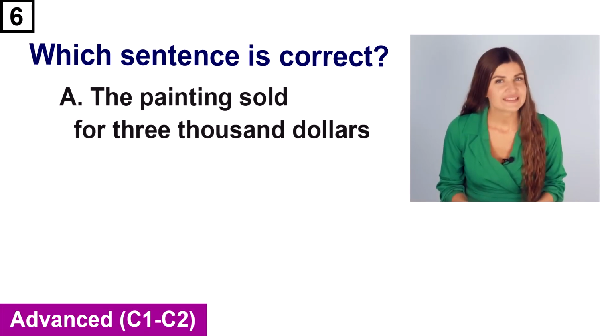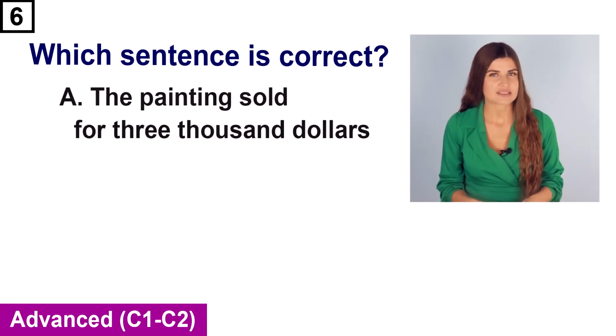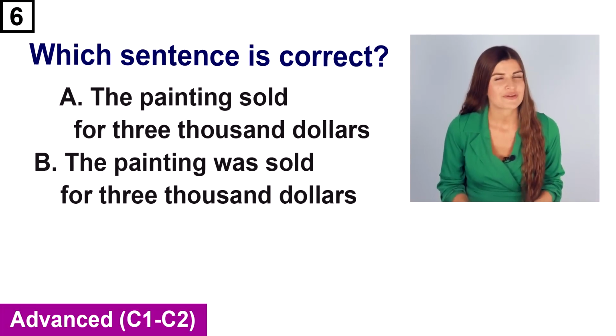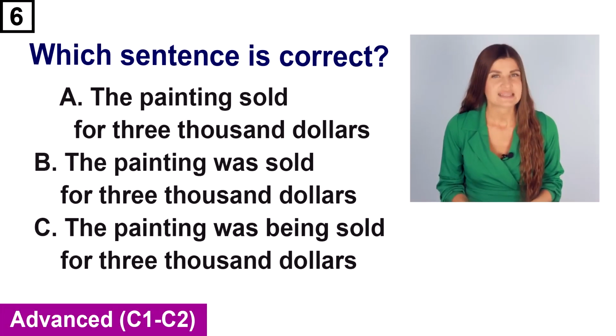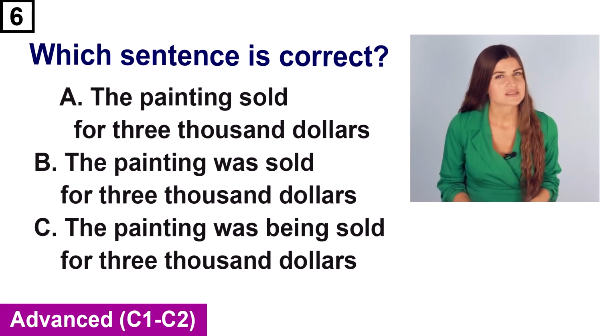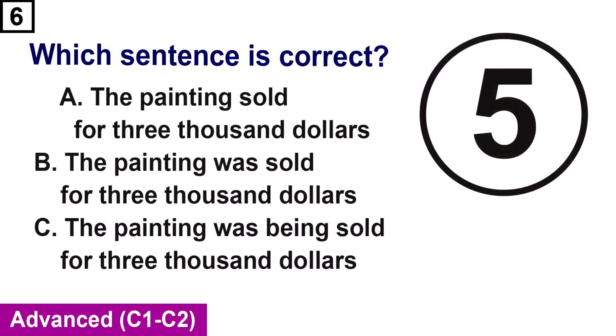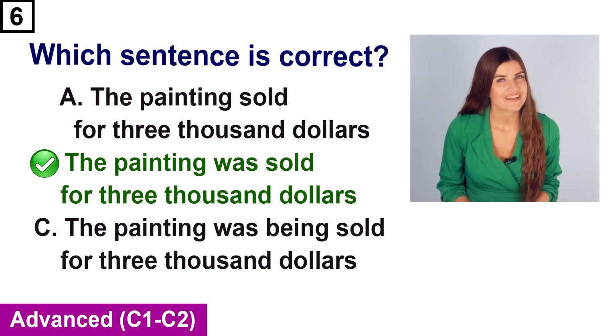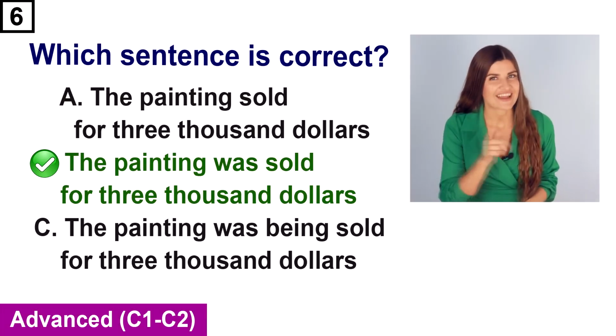A. The painting sold for $3,000. B. The painting was sold for $3,000. C. The painting was being sold for $3,000. The painting was sold for $3,000 is correct.